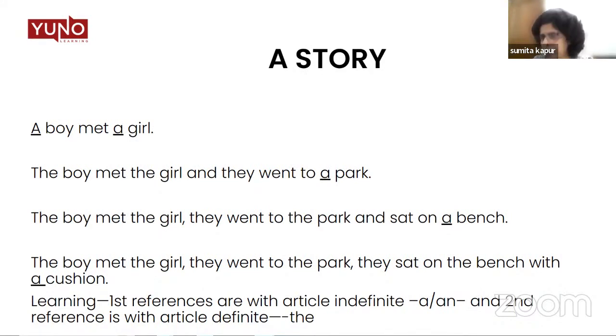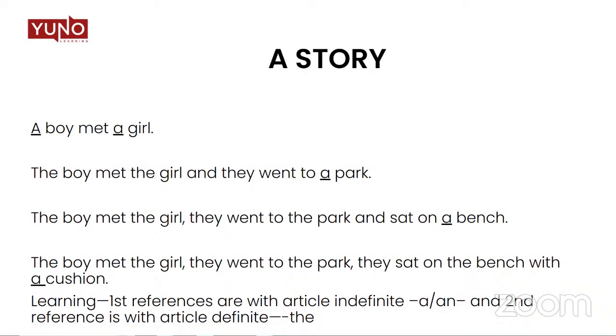We are repeating that reference. We are referring to them again. When we refer to anything for the second time, then we use the. We move from the indefinite article to the definite article. We begin with a and we end with the. So second references are always with the definite article.